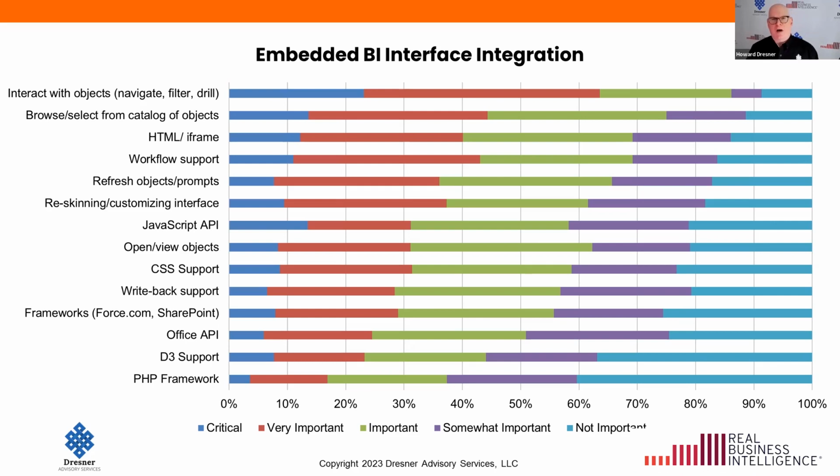So it's not only in context with the other content, but it's integrated, and it's also much more dynamic in nature. It's not just a static report, but they want to actually navigate and interact with those objects as opposed to just view them.